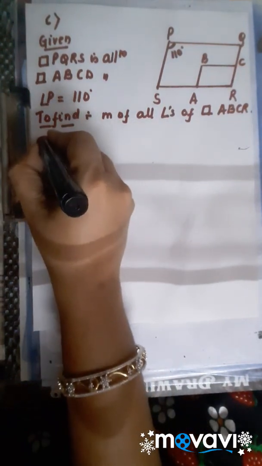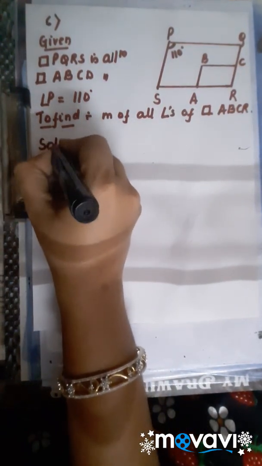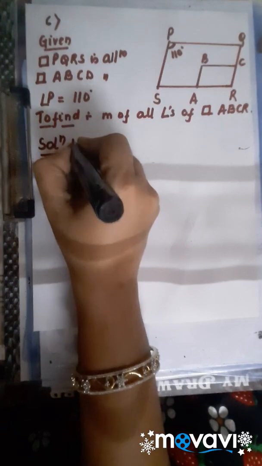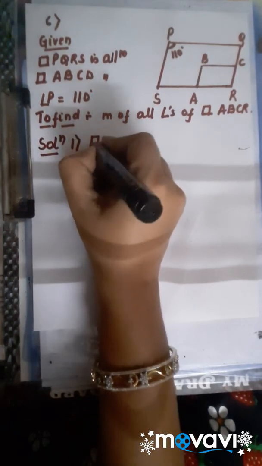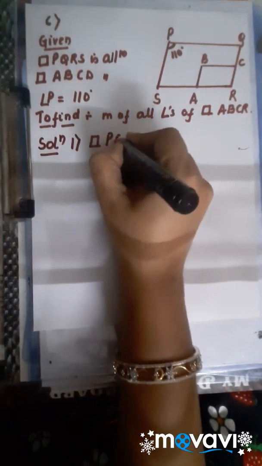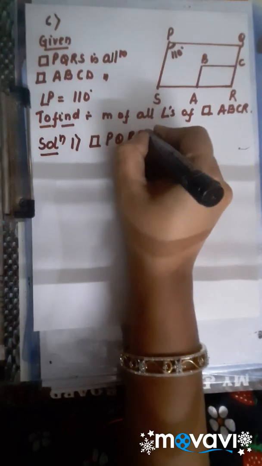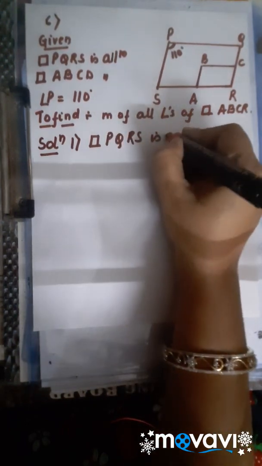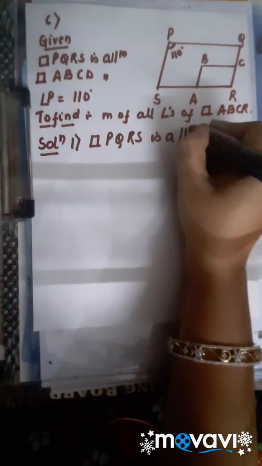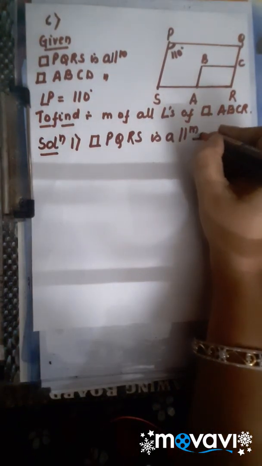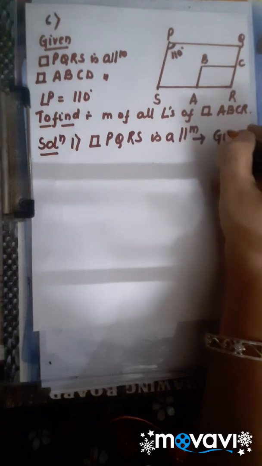Now, see my solution. What is my first step? My first step is, I will say that quadrilateral PQRS is a parallelogram. Okay, this is given to me. So if you want, you can write given. If you don't want to write, that is also okay. Given, correct?